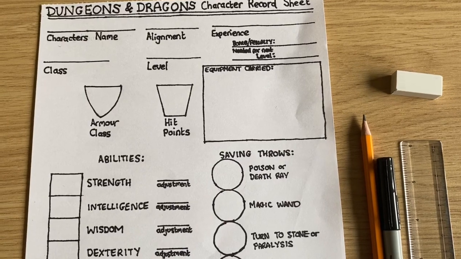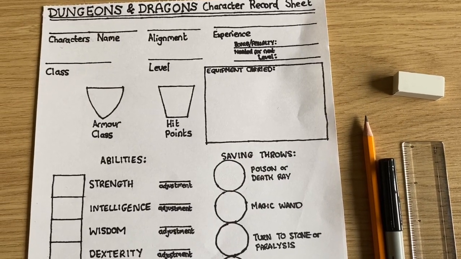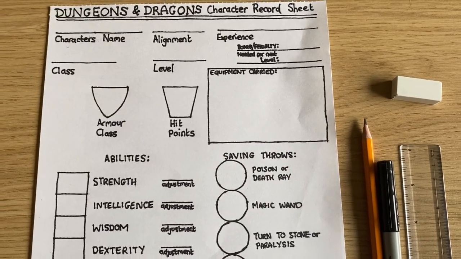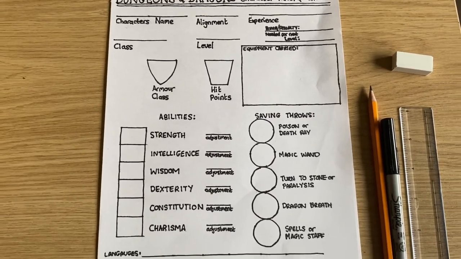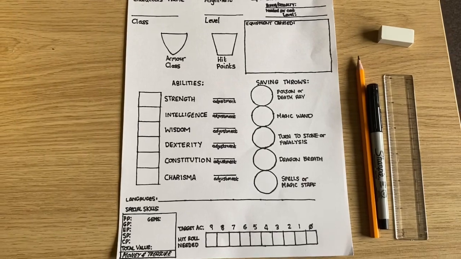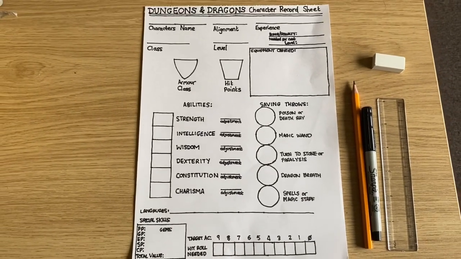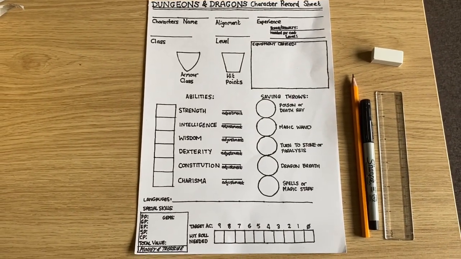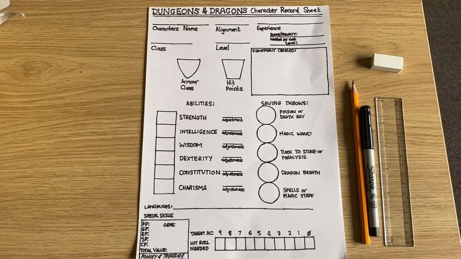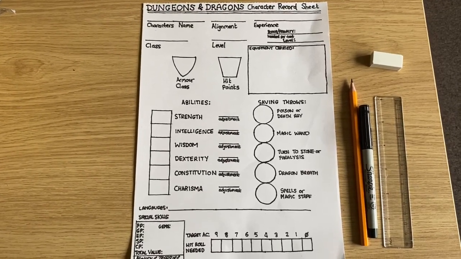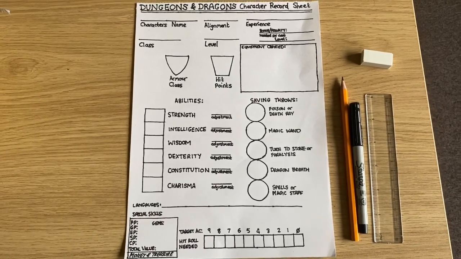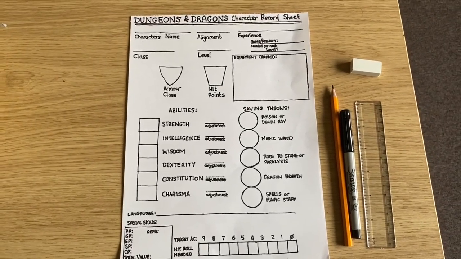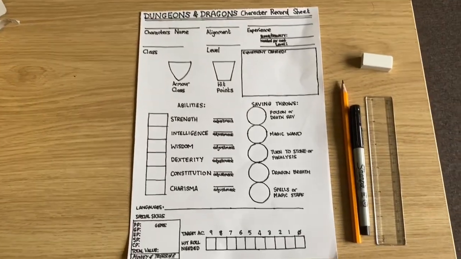That's all in the top right, which before was a big box to put a sketch of a character or a symbol in, but I'm not going to be doing that, so I've tried to use the best space. But the good thing about this is I could photocopy it to have several copies for making more characters as we go along with the campaign. But at the moment I can't do that because we're social distancing.